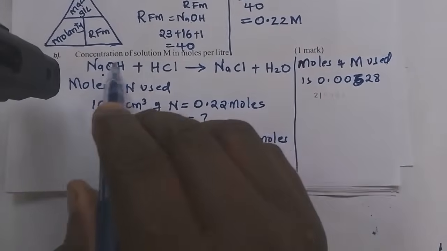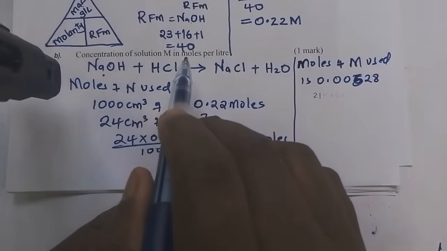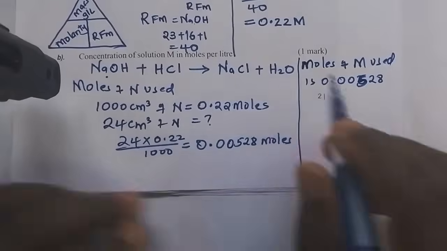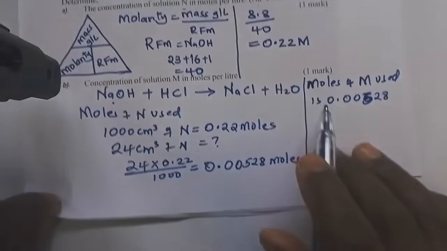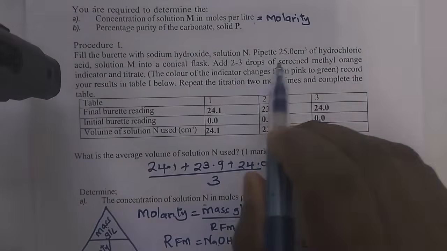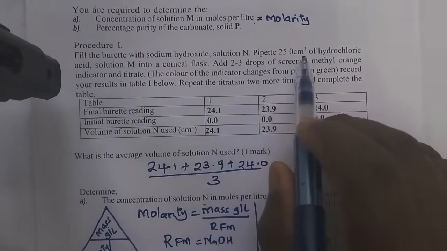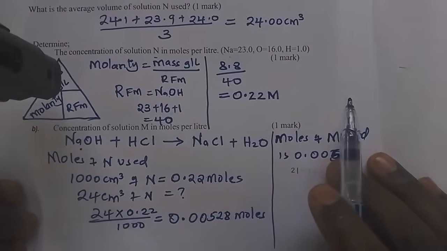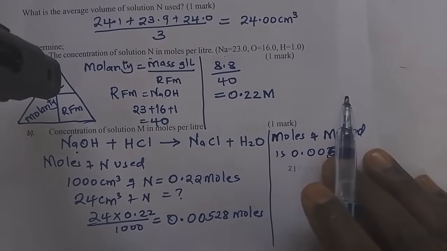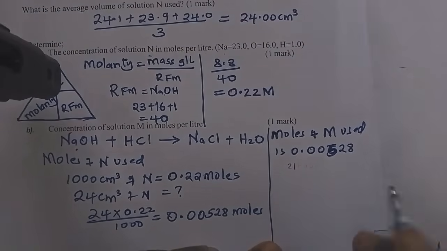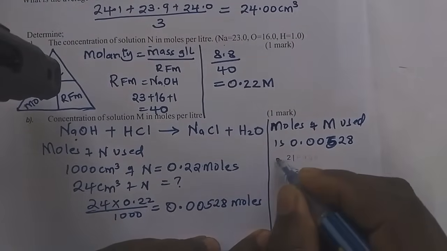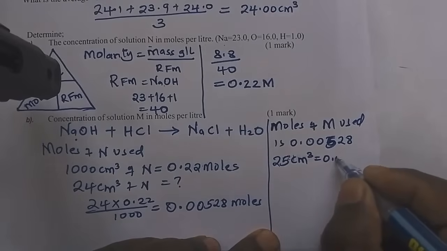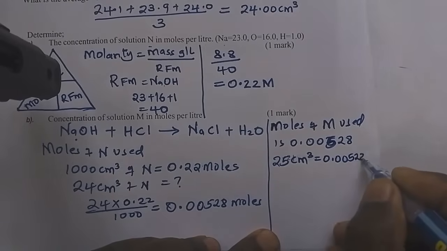But we are being asked the concentration of solution M. Concentration in moles per liter means molarity. So we will say, how much of the volume of solution M was used? You go back to the procedure and find out. We were told to pipette 25 of hydrochloric acid solution M. So we used 25. 25 of M reacted with 24 of N to reach the end point. So you say now here that 25 centimeters cube is equal to 0.00528 moles.